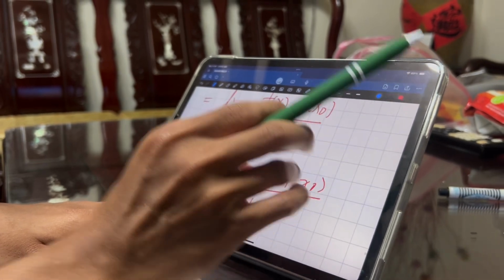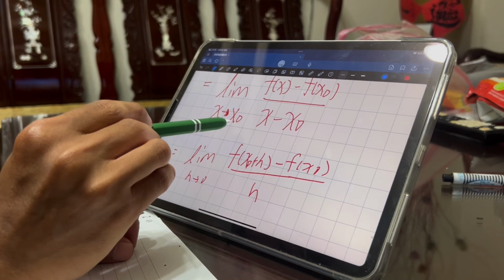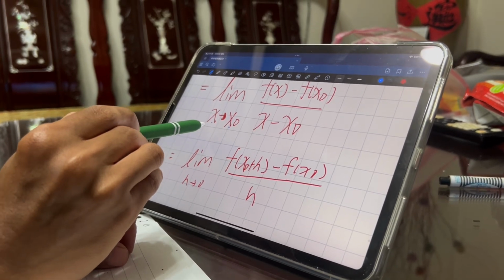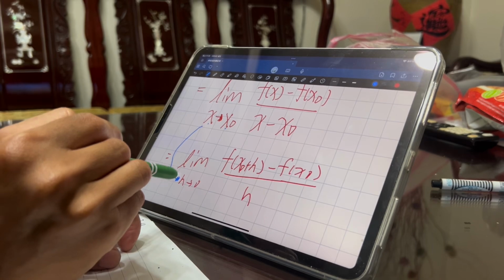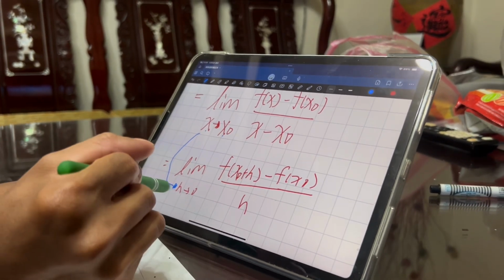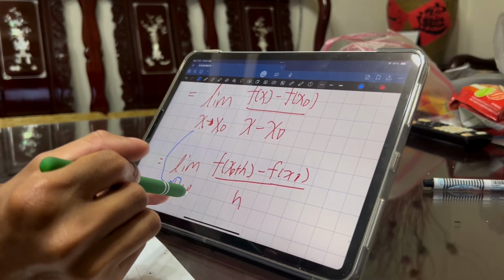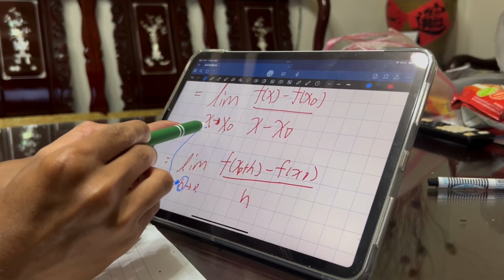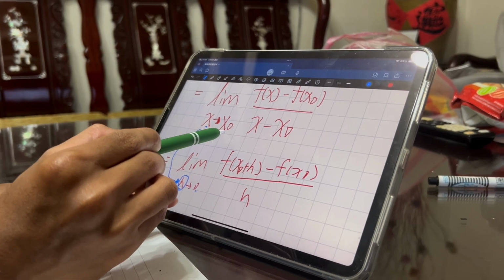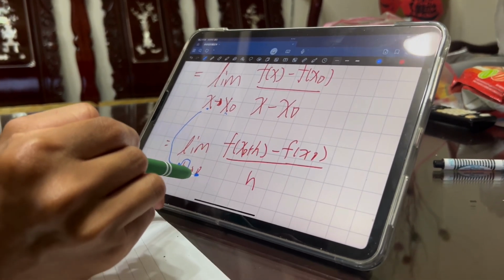We can write x equals x0 plus a character h. When h is close to 0, that means the distance between x and x0 is near 0.